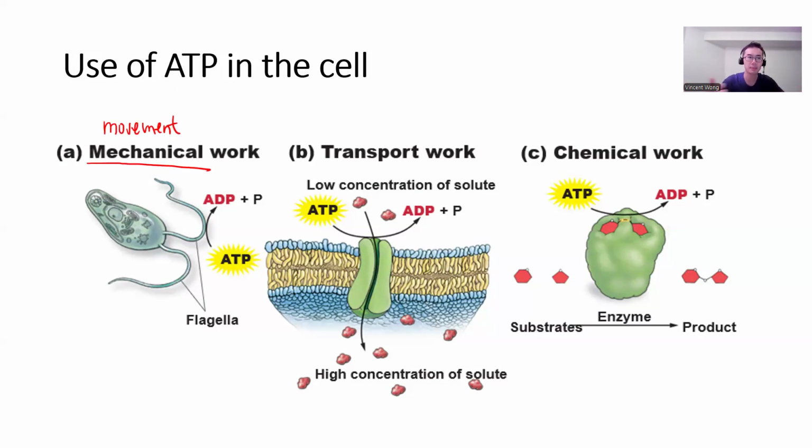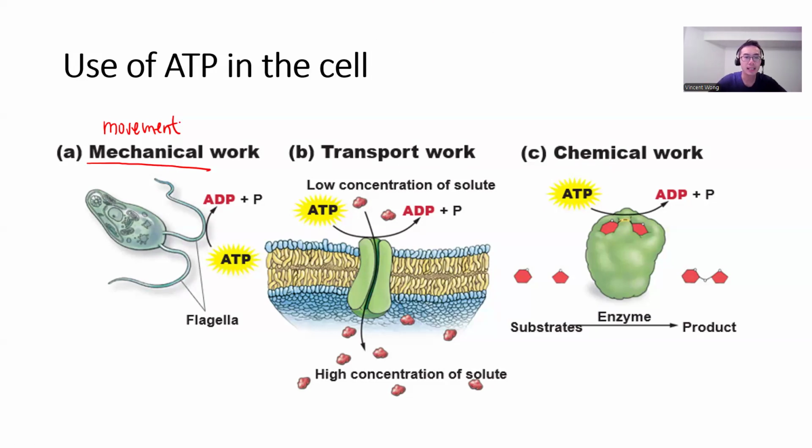In a sperm cell, for example, it has a flagellum, and to beat that and create motion requires the use of ATP. When we move things across the cell membrane, sometimes we need to use ATP as well, and that's called transport work. And in some cases, when we do chemical reactions, we need to supply ATP to make up for the difference in activation energy.